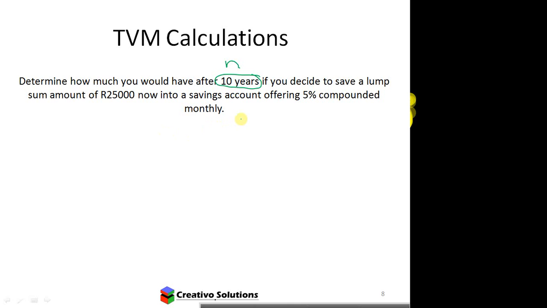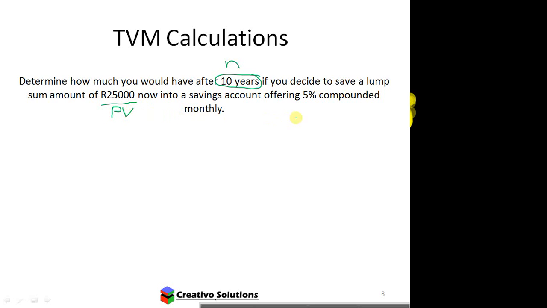I'm deciding to save a lump sum amount of 25 into a savings account. Here they said determine how much you would have after 10 years. So how much would you have after 10 years? After 10 years is in the future or now? Future. Yes. So this is present value.